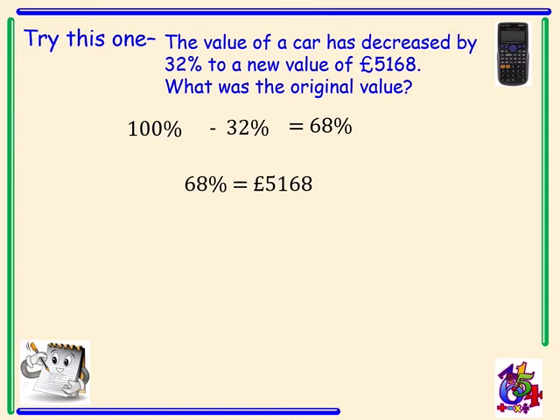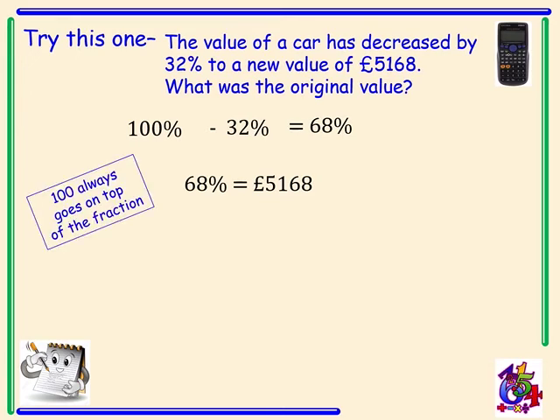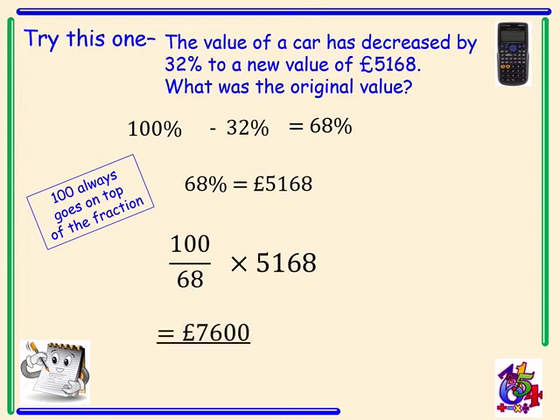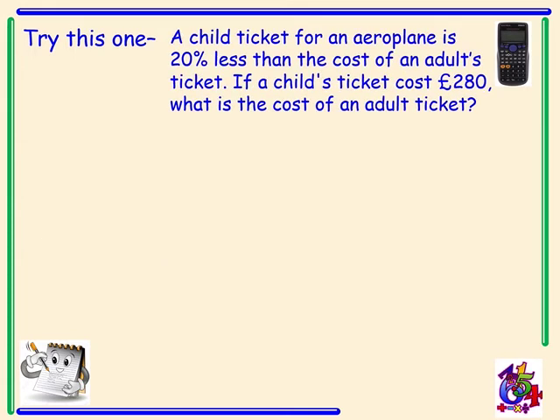Now I'm trying to work back to my original value. So 100 over 68 multiplied by 5,168 is going to give me an original value for the car of 7,600. Now try this final example on your own. Please pause the video.